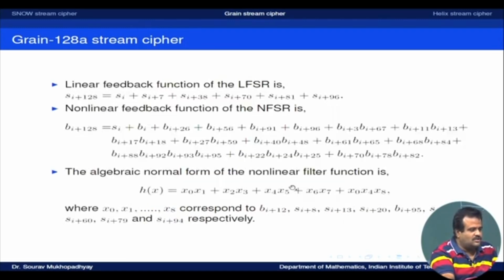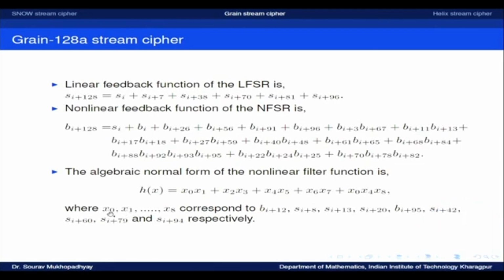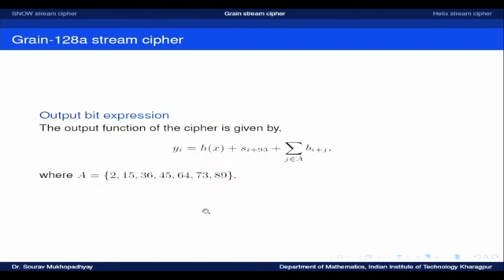So the function is like this: we have x2, these are the bits, and this is our H function. This is the state update function for the LFSR, and this is the state update function for the NLFSR. Okay, and the output will be like this.